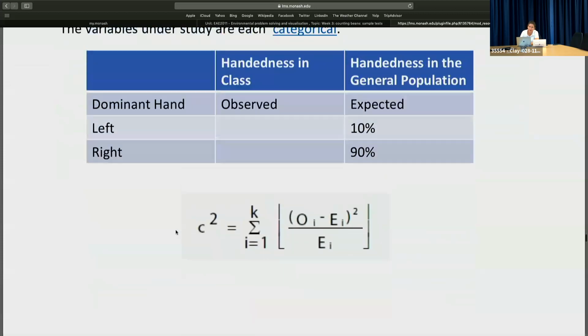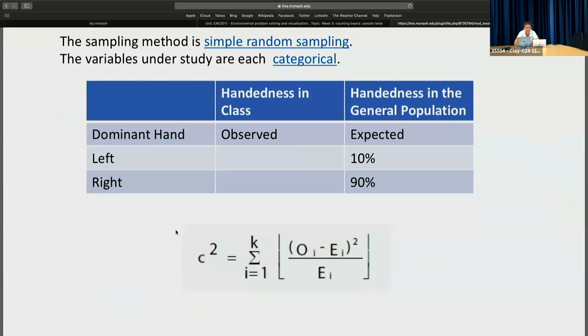And now I have a parameter, a statistic I can use to work out whether my observation is significantly different to one that could have occurred naturally by sampling this population.